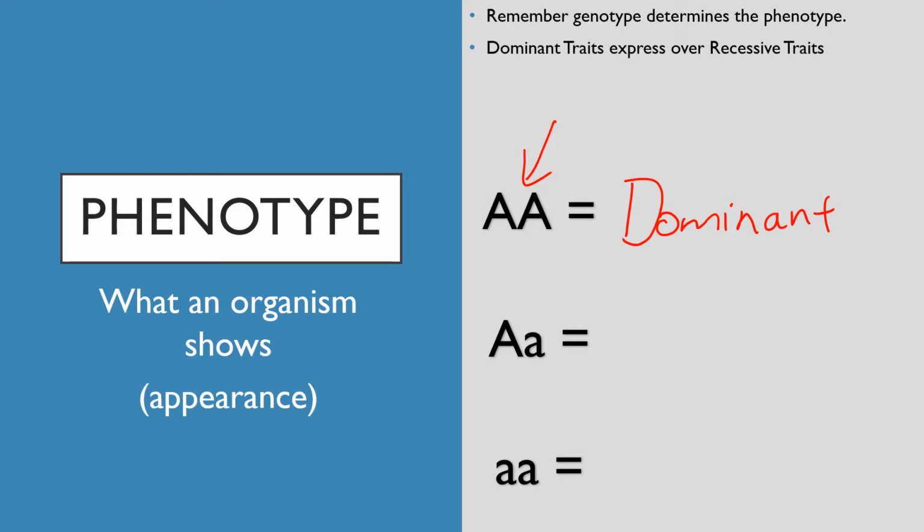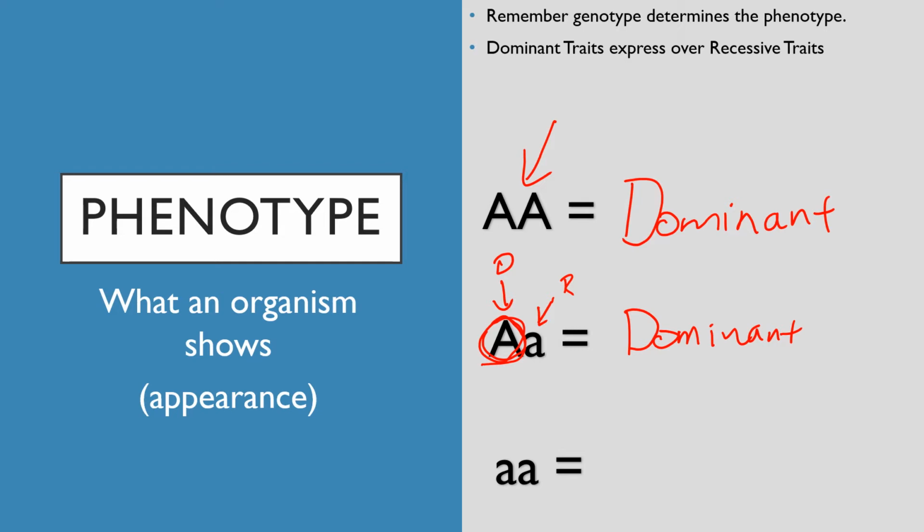If I have one dominant, one recessive, also known as heterozygous, then my expression, because I have that dominant in there, my phenotype will express as dominant.